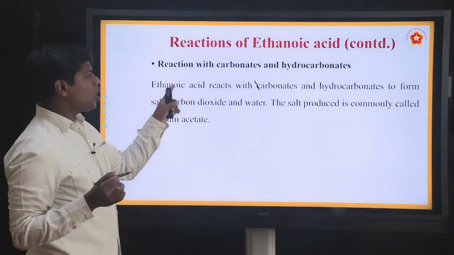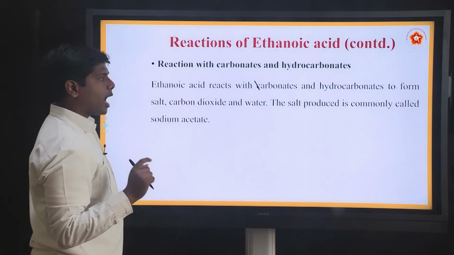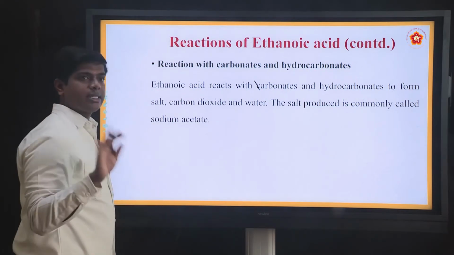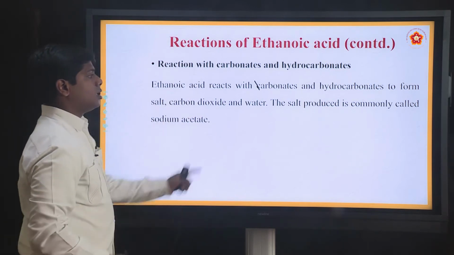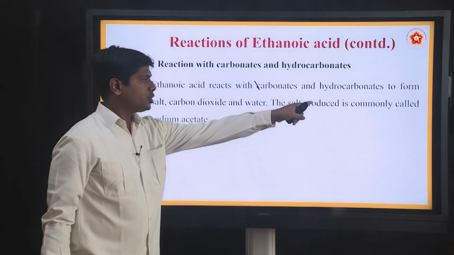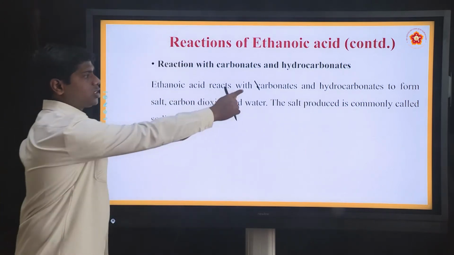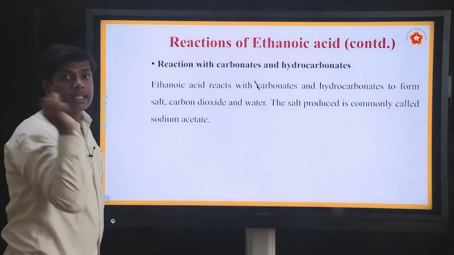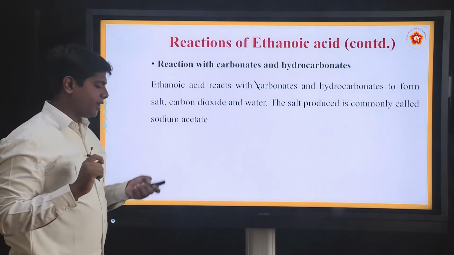Remember, ethanoic acid reacts with carbonates and hydrocarbonates to form salt, carbon dioxide and water. The salt produced is commonly called sodium acetate. Very important reactions.